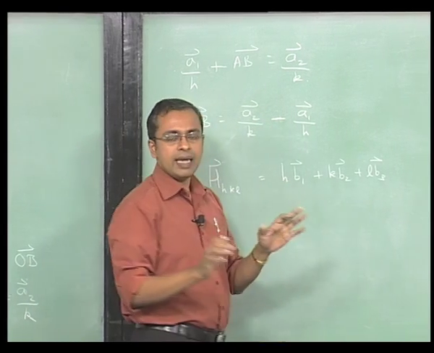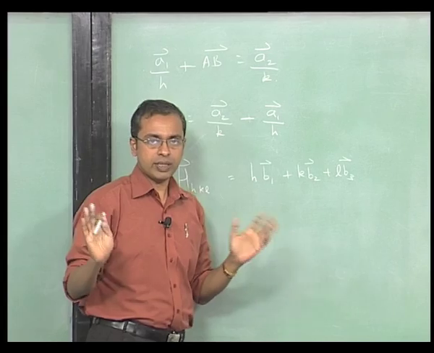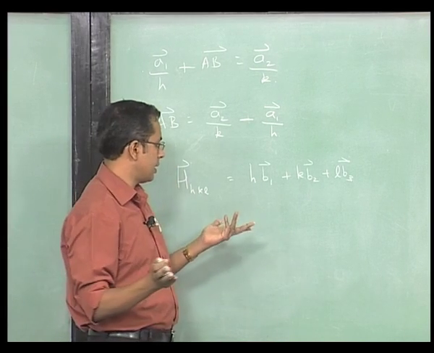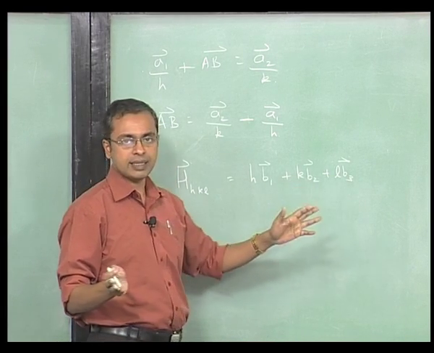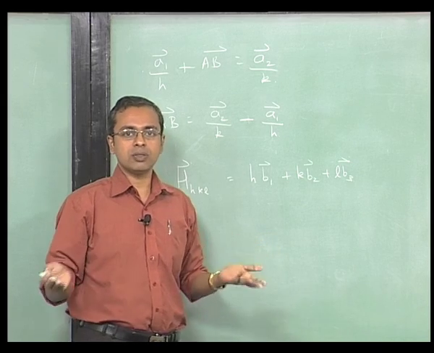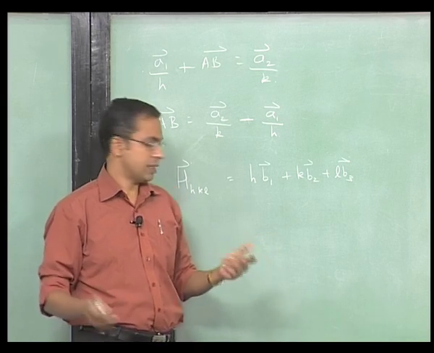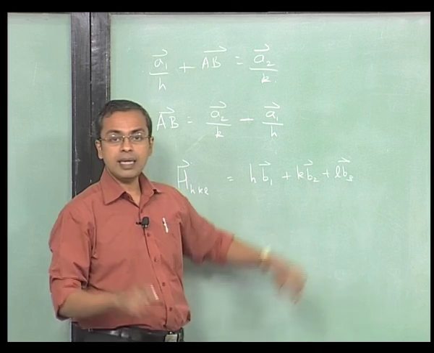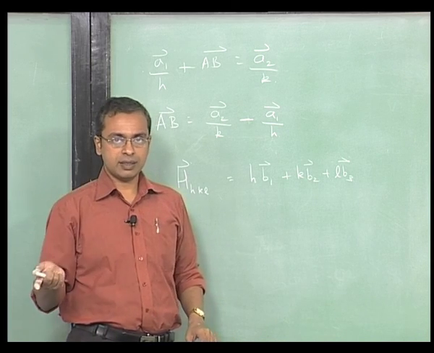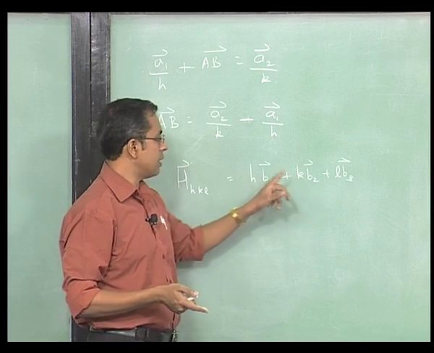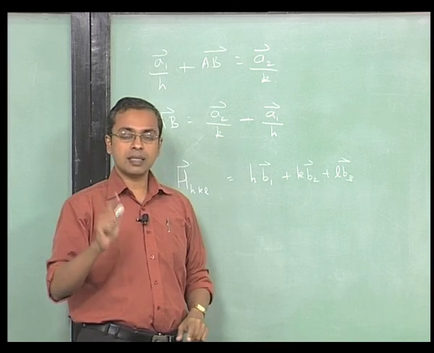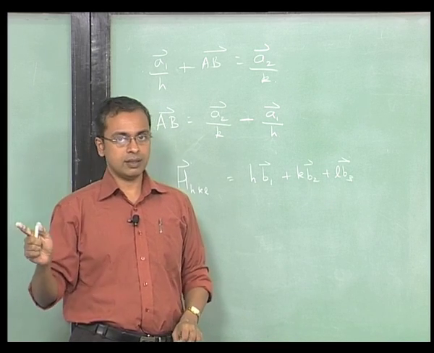So the H, K and L are simply integers, okay. So this is some vector in reciprocal space. H, K and L are just integers. As long as they are just integers, you can use them in whichever space you wish. B1, B2 and B3 are reciprocal lattice vectors. Therefore HB1 plus KB2 plus LB3 is now a reciprocal lattice vector.